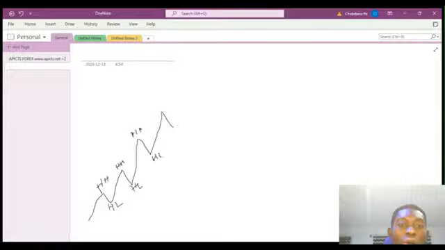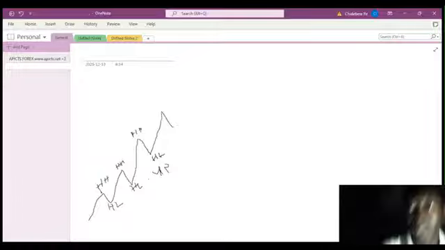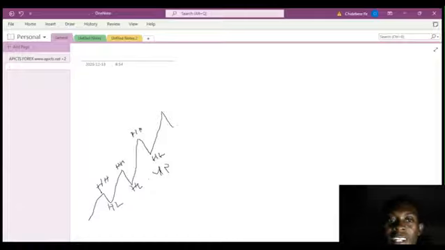This is an uptrend, and then you have the other way around. Then we also have the downtrend.